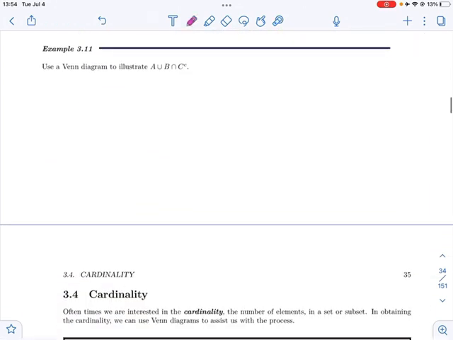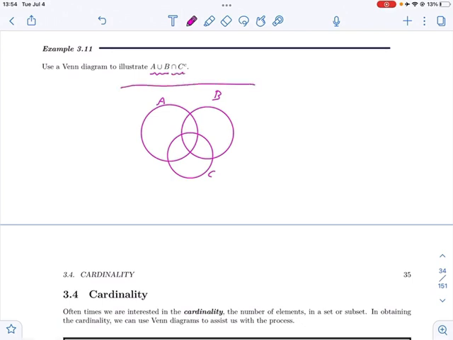For example, if we have three sets, let's say we have the set A, the set B, and the set C, and we assume that those have some intersections, some elements in common. If we want to find (A union B) intersection C complement, let's use the universal set here.